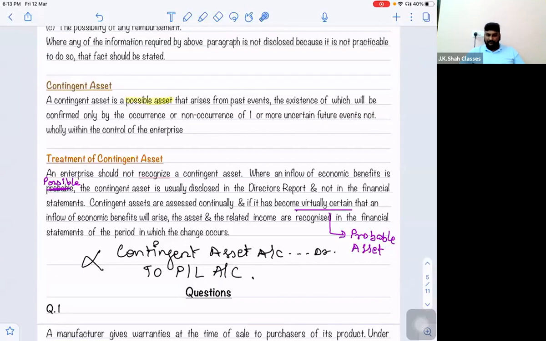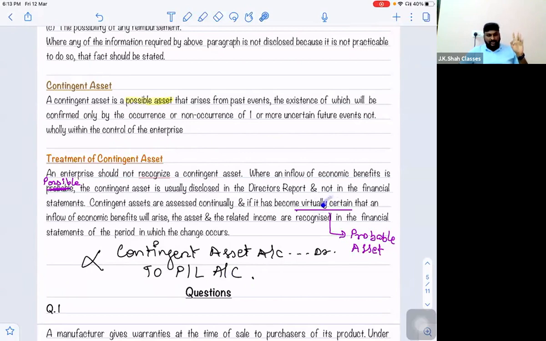And you are recording a revenue which you have not yet earned, and there may be a chance where you will not even earn it. So how can you record such a revenue? It is completely against conservatism. That is why we never record a contingent asset in the books of accounts.